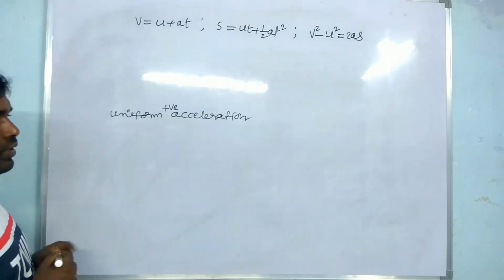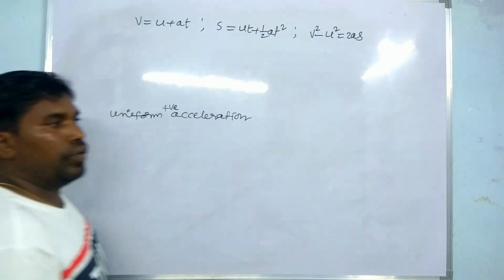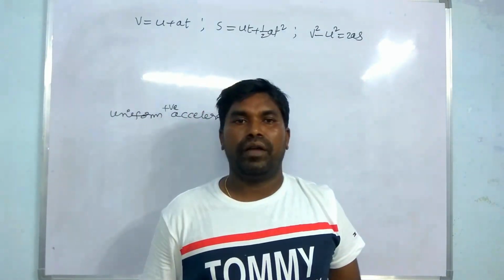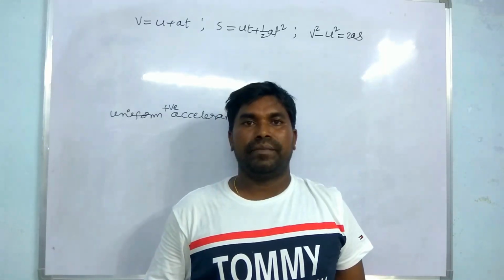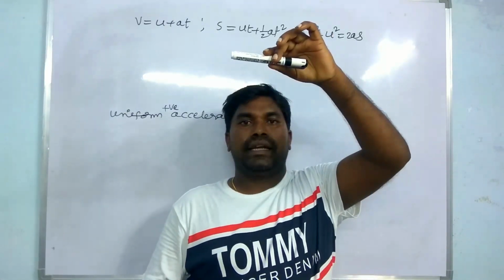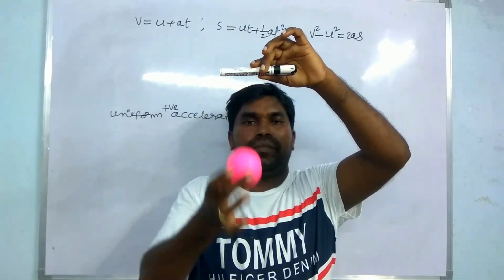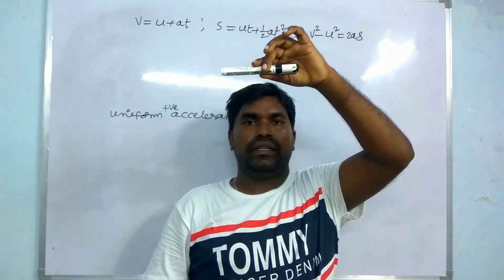For example, if we have thrown a ball vertically, the ball will go upwards to a certain height, and the final velocity of the ball should be equal to 0, and then it will move downwards.